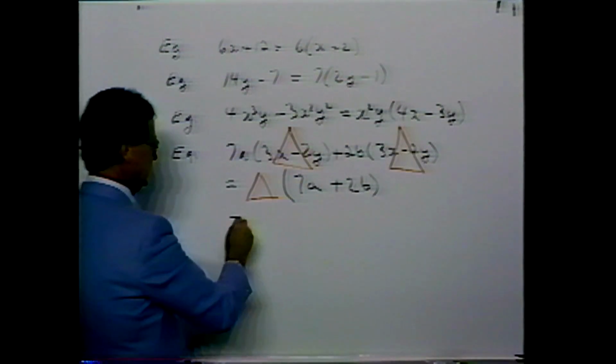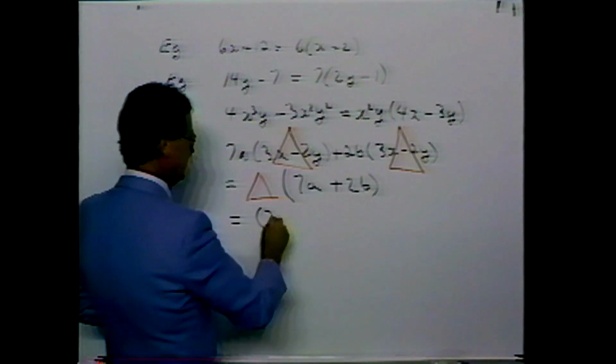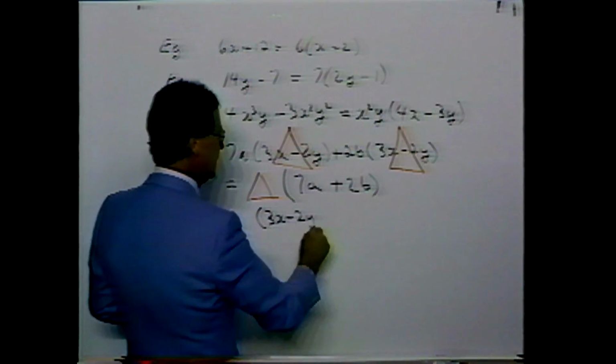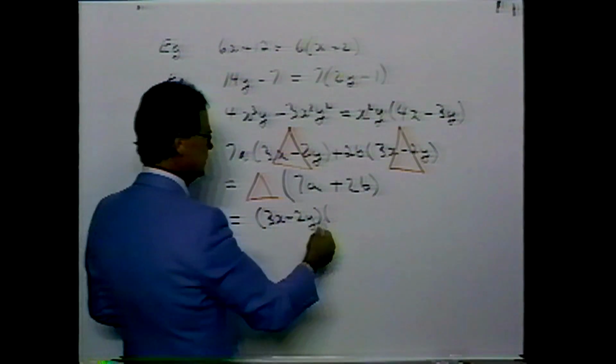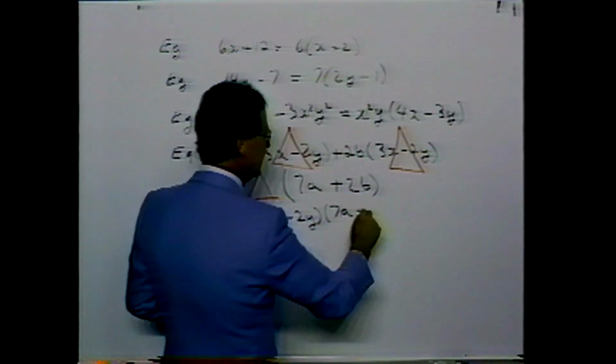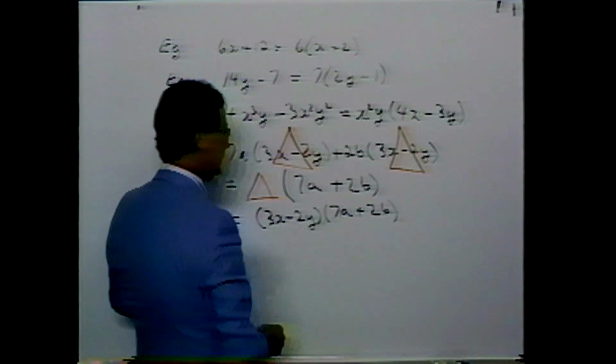Of course, what we want to say then is that 3x minus 2y is the common factor, and taking that out of the expression will leave 7a plus 2b behind.